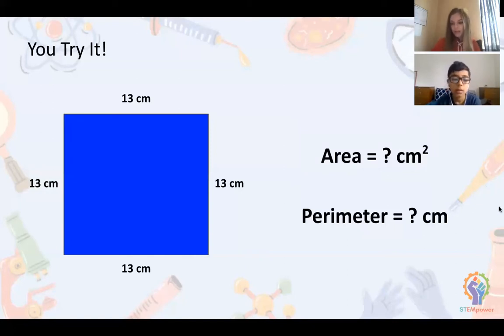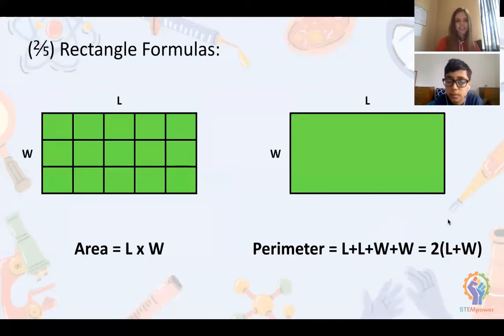And then the perimeter would be, let's see, 52. Correct. Good job.